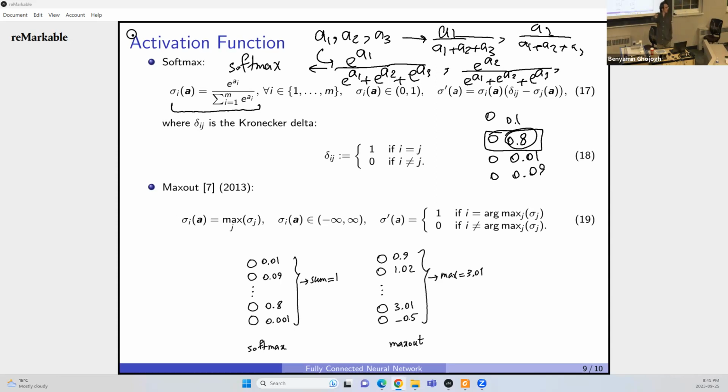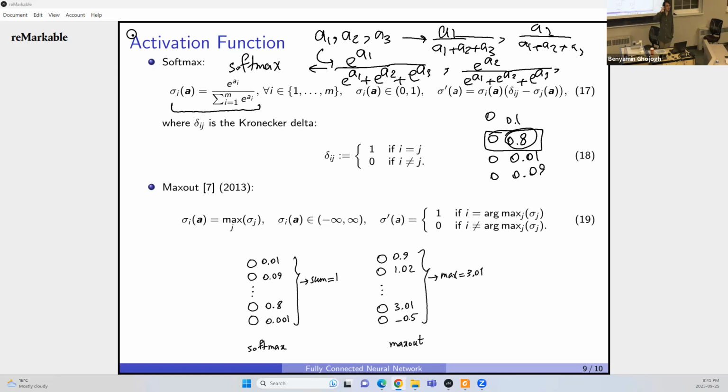But what happens if I have only 2 classes, binary classification? Should I definitely use softmax form? I can use softmax form with 2 neurons. I can. But there's another option. When I have binary classes, I have 2 classes. There's another option.